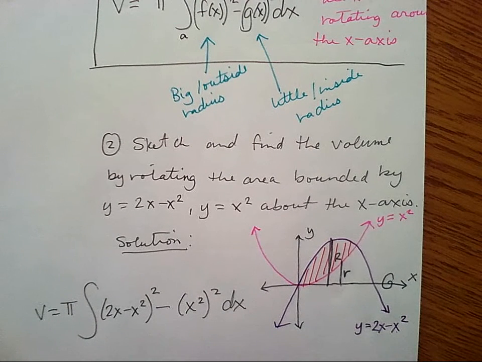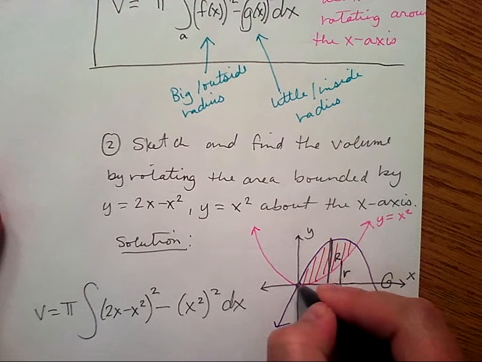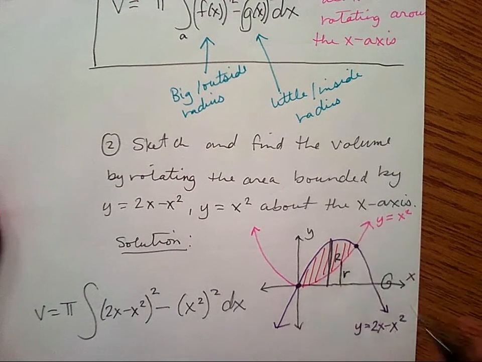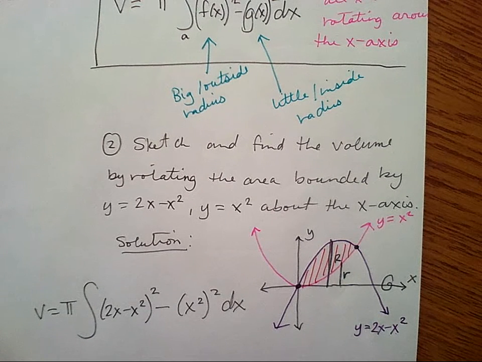Okay, now how do I determine my bounds? When they equal each other, right? And they're the x values, right? Unless it says otherwise, no, you have to show how you get the bounds.